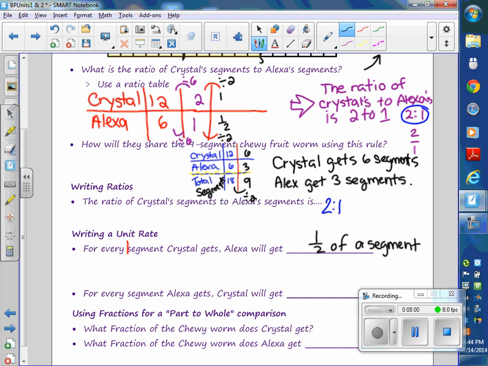For every segment Alexa gets, so look for the 1 with Alexa's name, Crystal gets 2 segments. That's where we're going to stop.